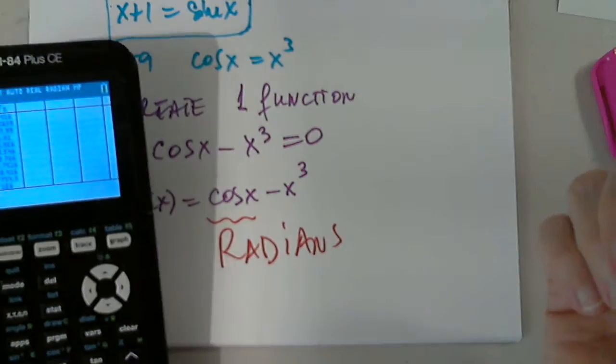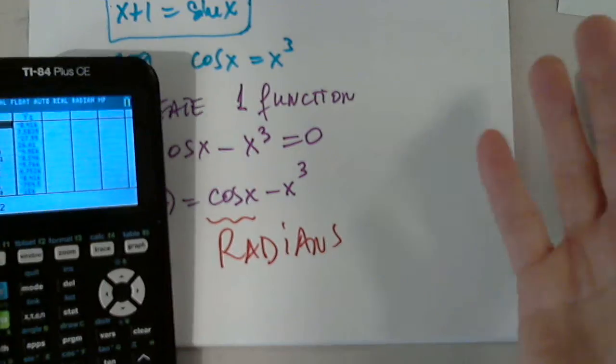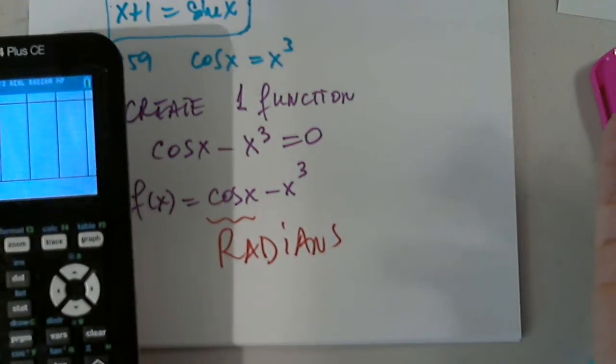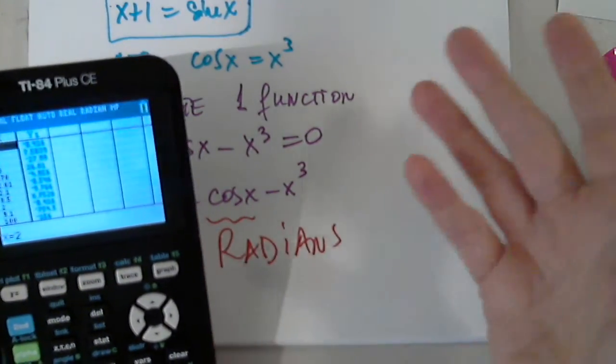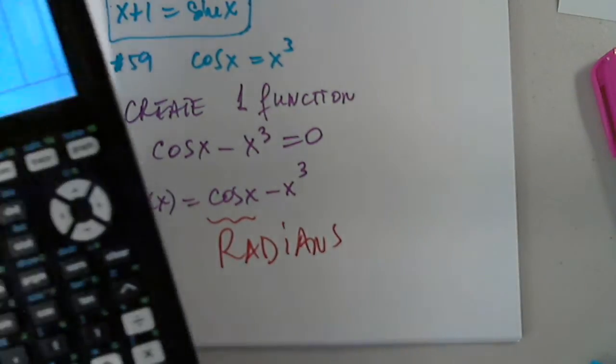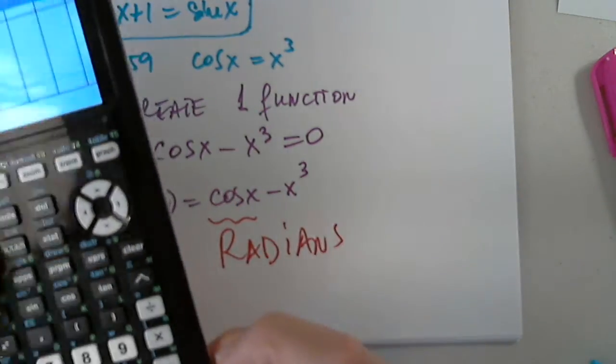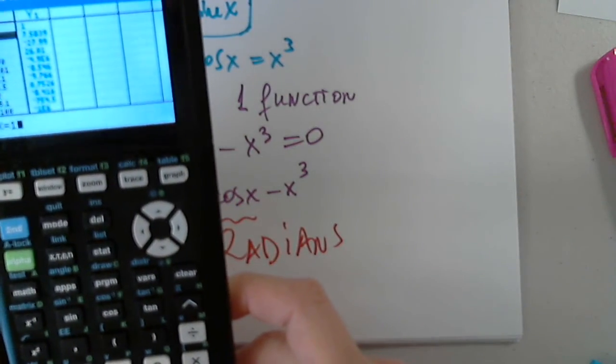We don't know what to expect. Yes, we can graph the function to see where the solutions appear to be. That's one option. What I normally like to do, unless the solution is at 1500, is just start with 0 and 1.